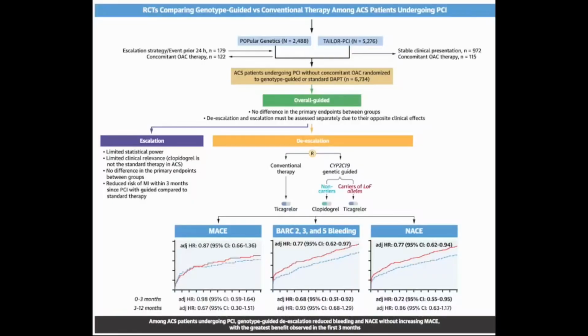Yeah, so answering your last question, in this paper we only focused on ACS patients. In these patients, where the standard of care is potent P2Y12 inhibition with prasugrel or ticagrelor, we are going to perform a de-escalation in a guided arm, and this is why we expect a reduction in bleeding in the de-escalation arm.